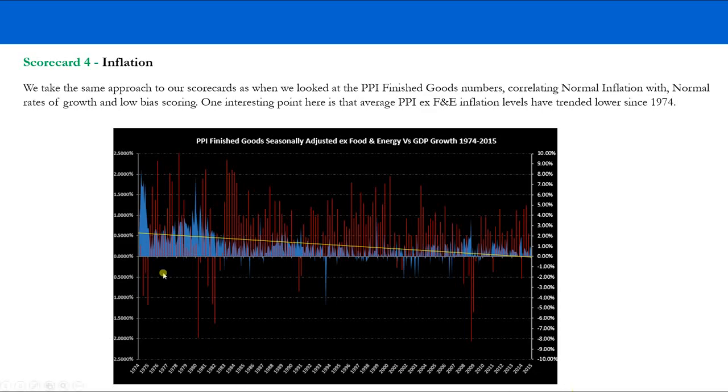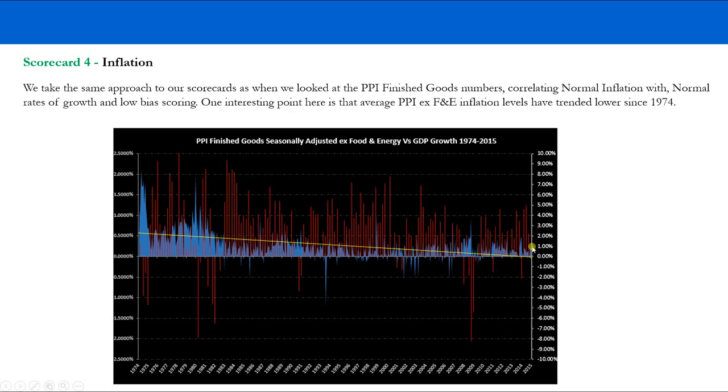Now, when we look at the chart here, and you can go into the spreadsheet and have a look at all the data behind this chart in your own time, we can see that since 1974, PPI X food and energy, the average has been trending much lower. And we can see now that a 0% number is associated with 0% GDP, and our long-term average is dropping from around 0.5% down to basically almost zero.